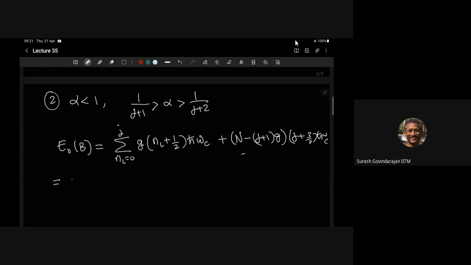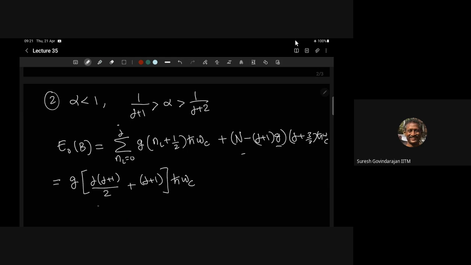So I'll carry out the sum over NL from 0 to j. That will be G into j plus 1 by 2, and plus half these things would be just j plus 1, into h bar omega c. And we also have a contribution; I want to pull the G contributions out, so there's one more G here.